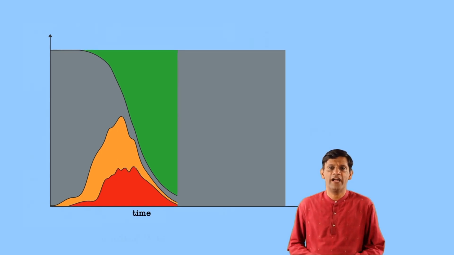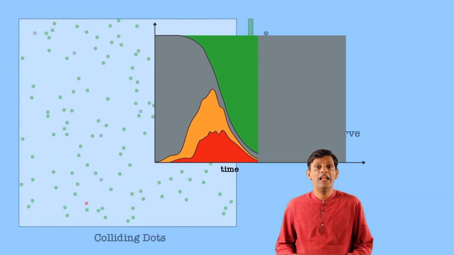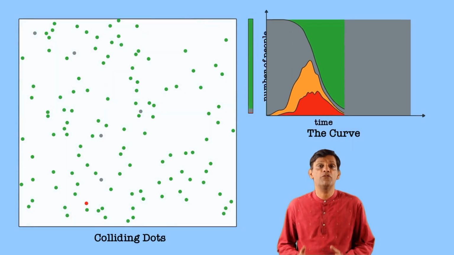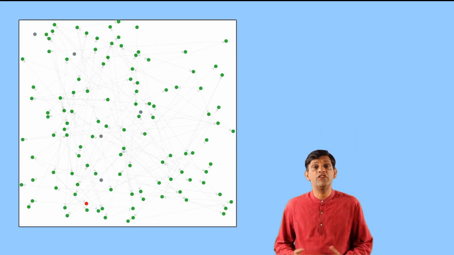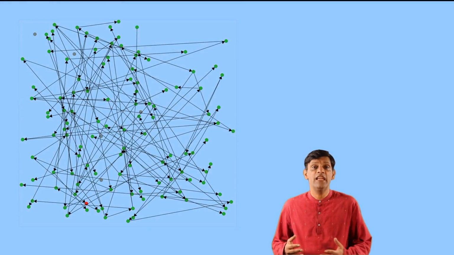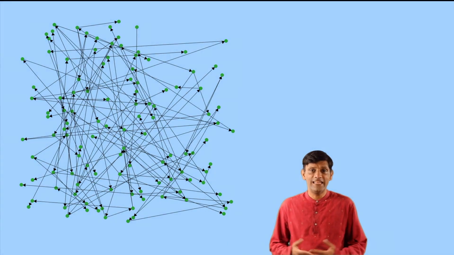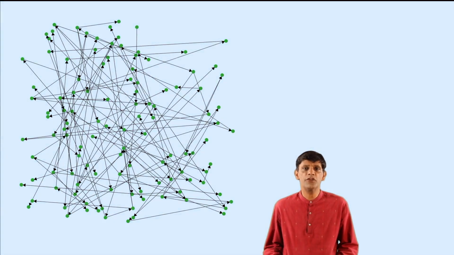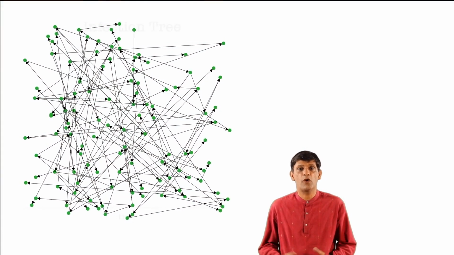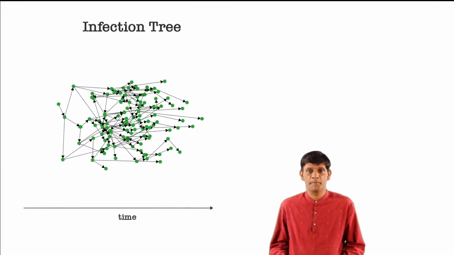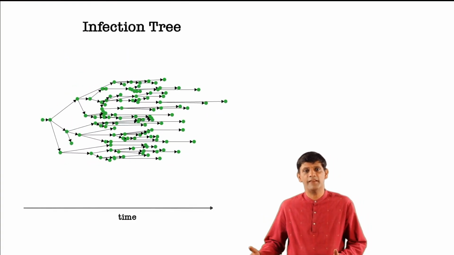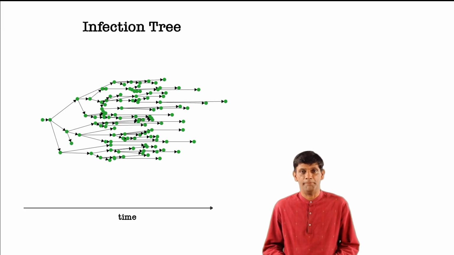Let's go back to our animation and recall that we were keeping track of who was infecting whom. This information was summarized in the infection tree. Let's have a look at it. This tree is quite messy, so as we had said before, we are going to redraw it. Now, the x-axis represents time.